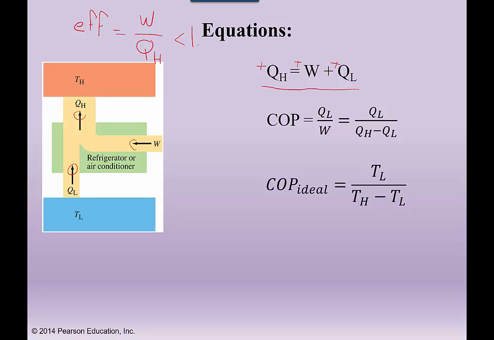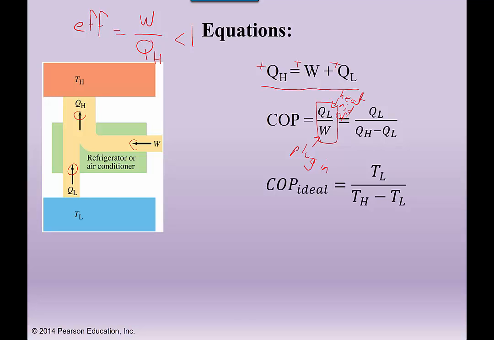This is not actually true in an AC or a refrigerator, because how much heat we can get rid of into the cold region is now related to the energy we use to plug in the appliance. So our W is the energy from plugging it in, and the QL is the heat we get rid of from inside.